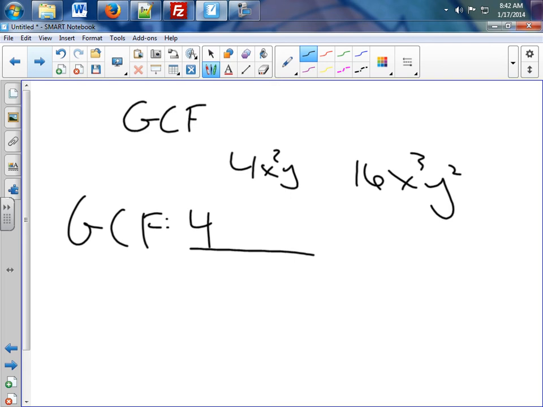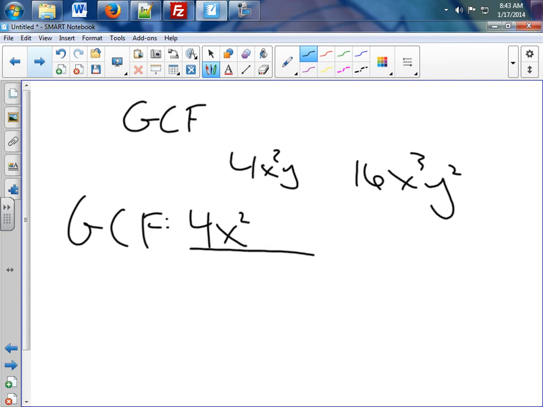And this is where you have to remember, I want the greatest number of x's that is in both of them. The easiest way to do it is you look at the exponent and you take the smallest number. So I have a 2 here and I have a 3 here. What's the greatest number of x's in both of them? 2.